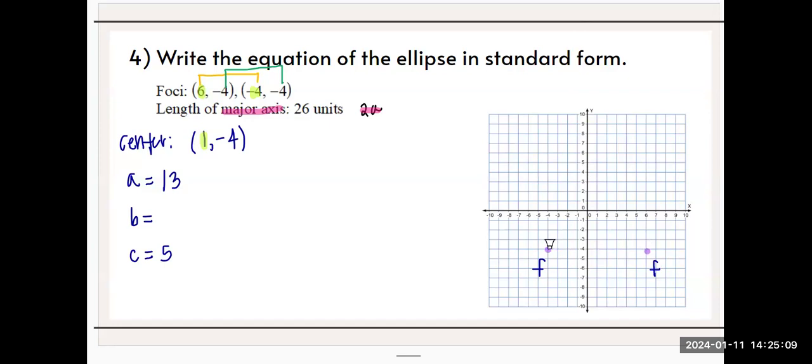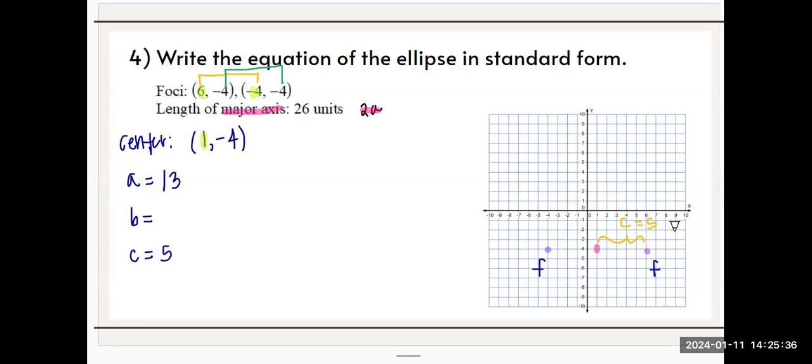If we count this, it's going to be 10. So halfway is 5. So right there, it is the same, 1, -4. C. So if you count from here to there, it is 5.